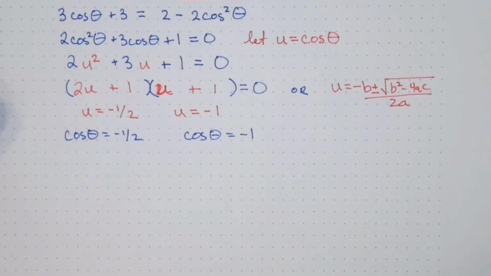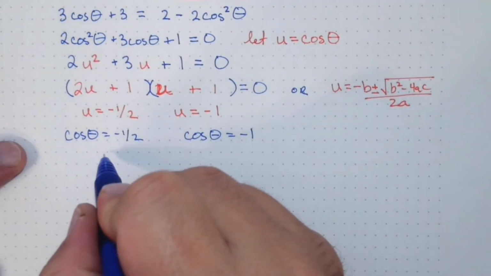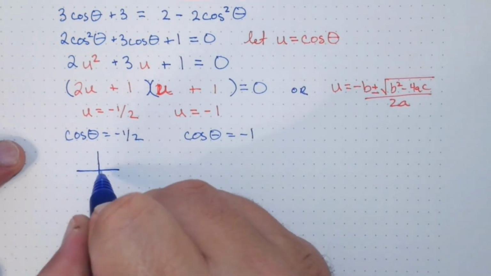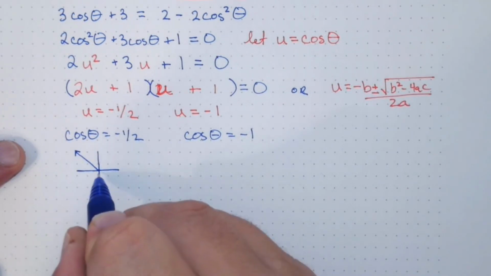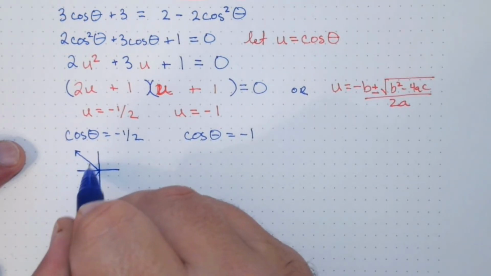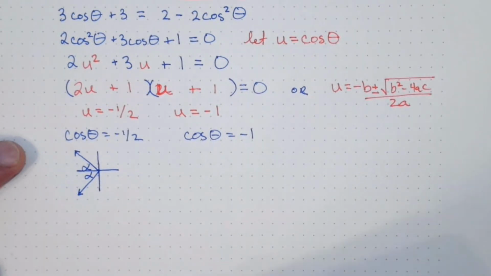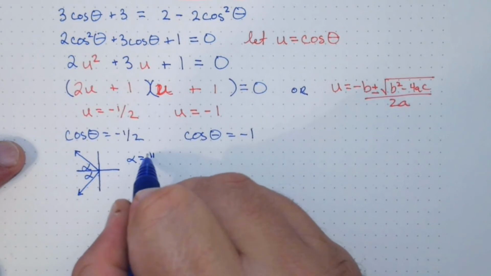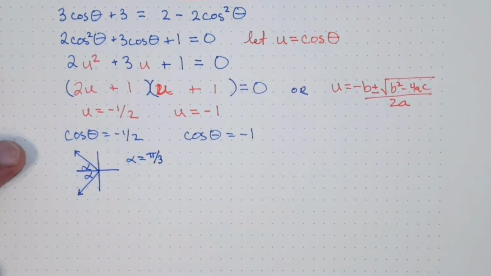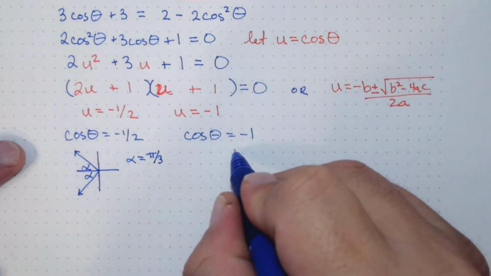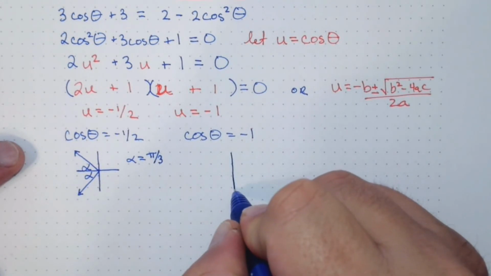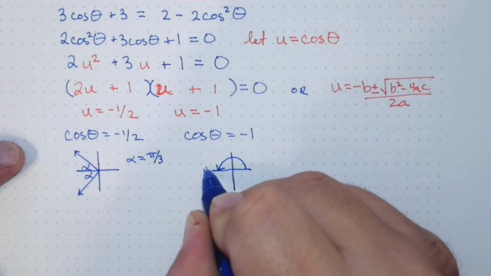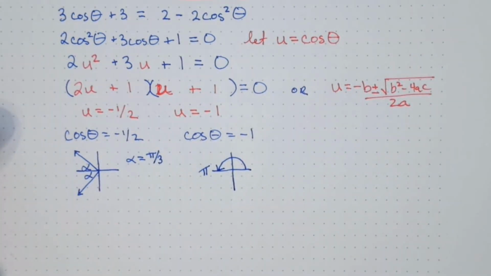Okay. Now for this particular problem, for the cosine of theta being negative 1/2, I know that the cosine is negative in the second quadrant and in the third quadrant. And I know I have a reference angle. And with the ratio of 1/2, I know that the reference angle in radians is pi over 3. For negative 1, I know that cosine of theta is negative 1 when I go to pi radians.